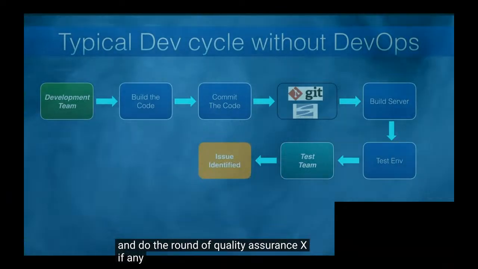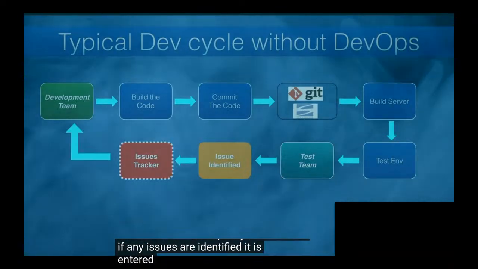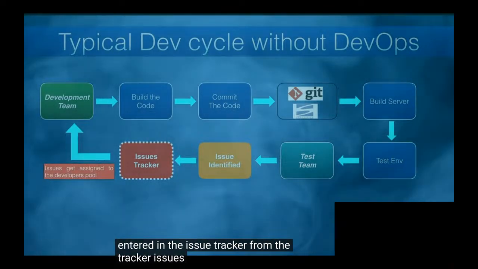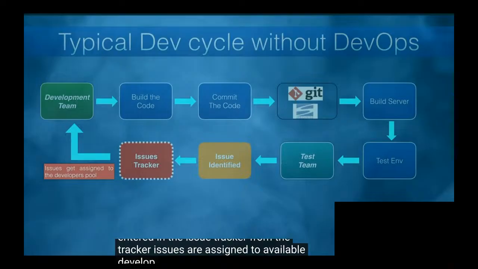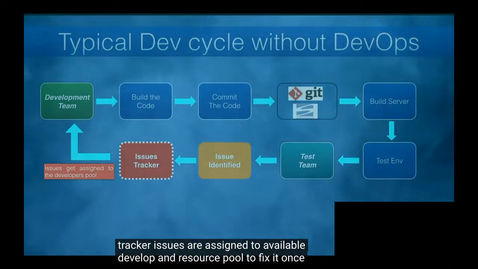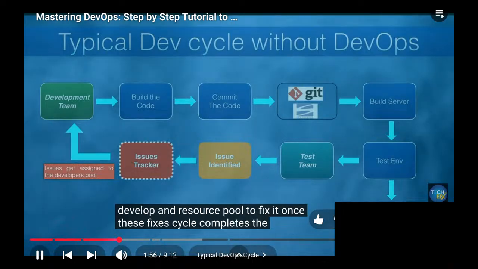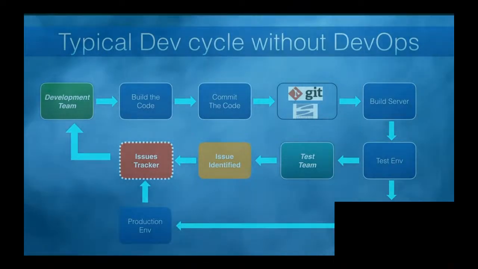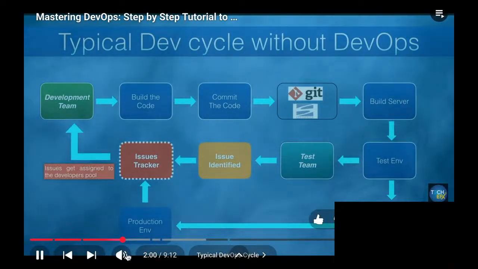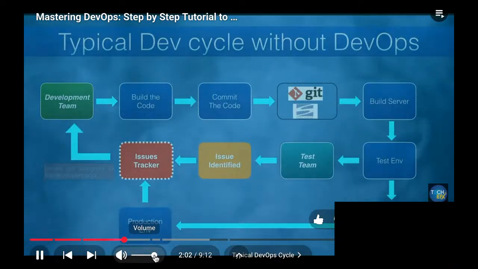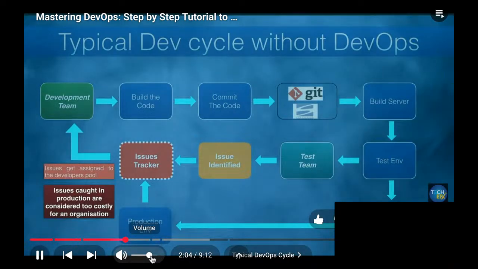If any issues are identified, they are entered in the issue tracker. From that tracker, issues are assigned to the available development resource pool to fix. Once this fix cycle completes, the build is given to the operation team to deploy on the staging server and production server respectively. Up to here, everything looks fine.